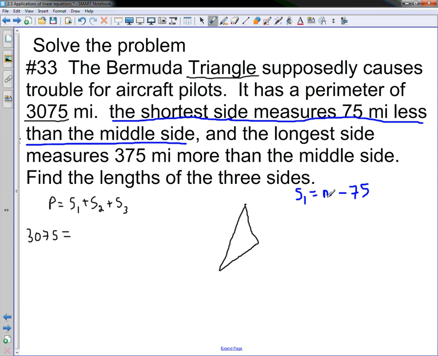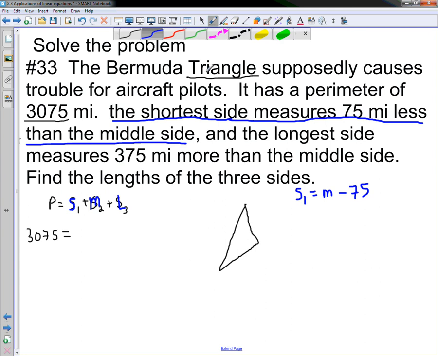So we'll call this one the middle one. We have the smallest one, and then we have the longest one. That will be our information that we use. So we've identified what S1 was.